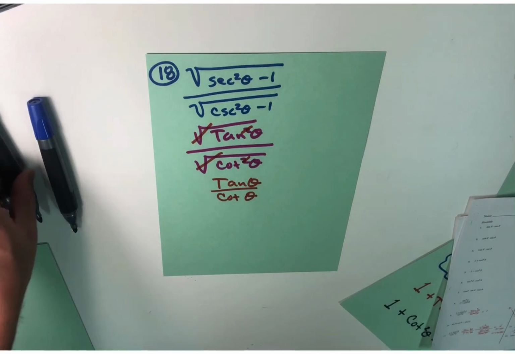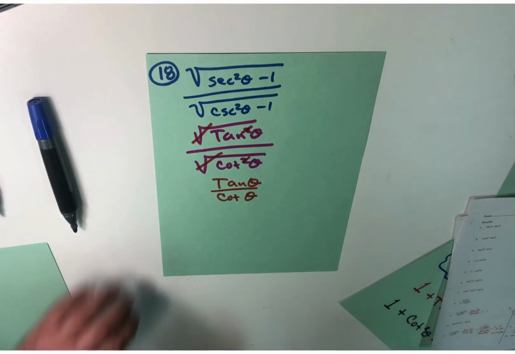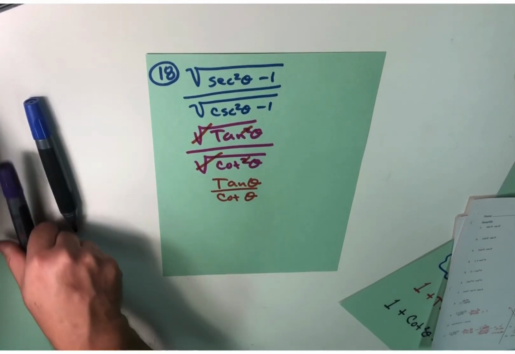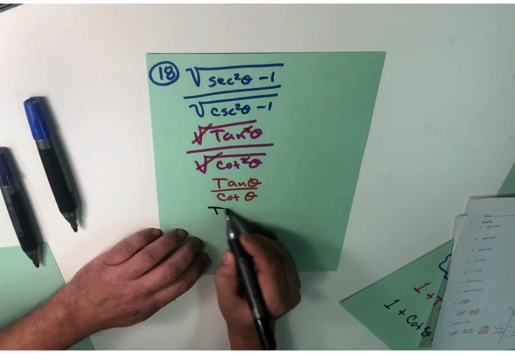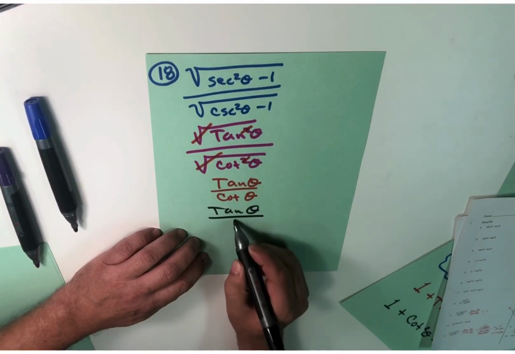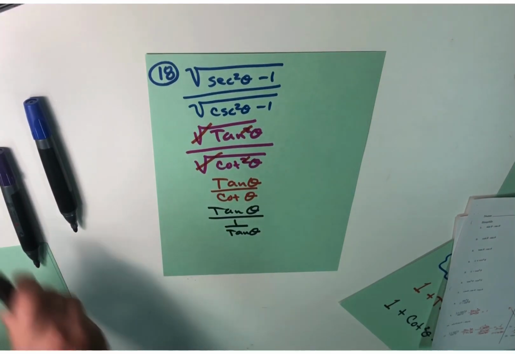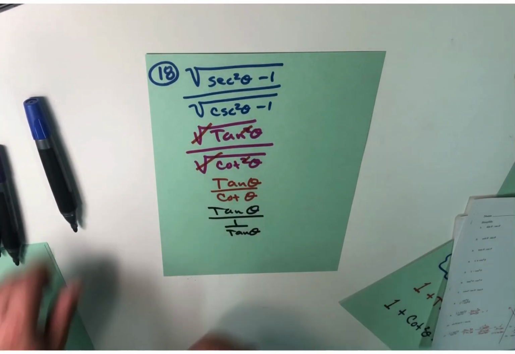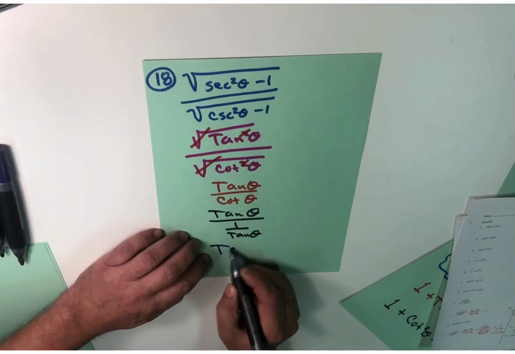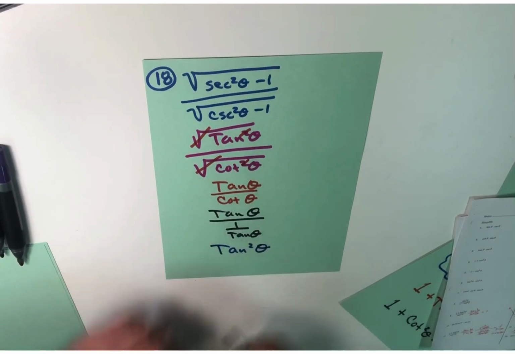Now I'm going to change the denominator because we don't like fractions. I'm going to leave the tangent of theta alone. So tangent of theta divided by 1 over the tangent of theta. And when you take the reciprocal, you will end up with tangent squared of theta.